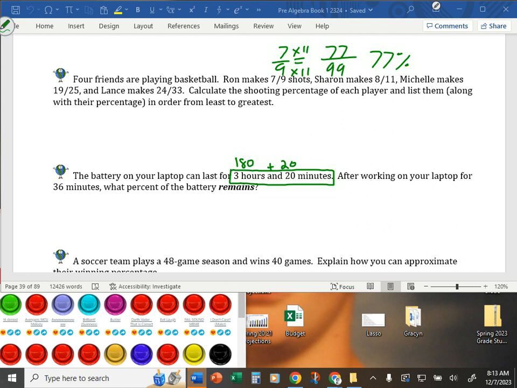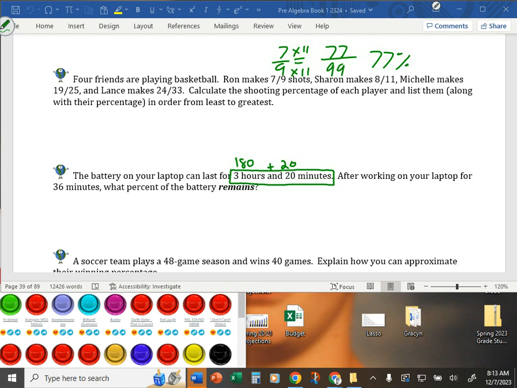What do we like about 200? It's friendly, right? How do we get to 100 from 200? Divide by 2. Okay, 200 wasn't listed on our front page, but it's still friendly because we can get to 100 pretty easily from 200.